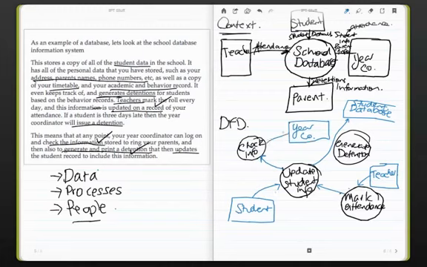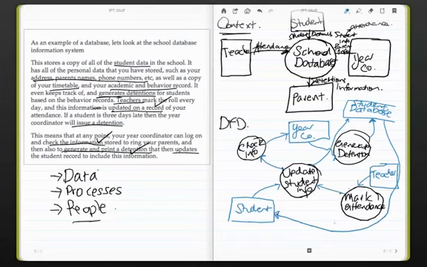Then that process would notify the year coordinator. The year coordinator would issue a detention, which would be updated in the student database, which information would then go back to the student.